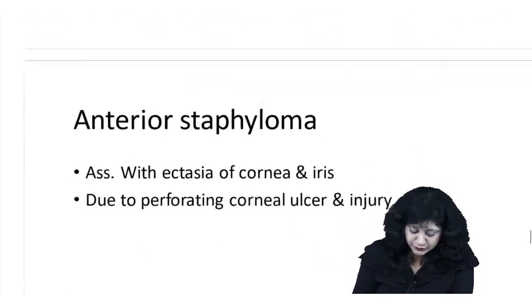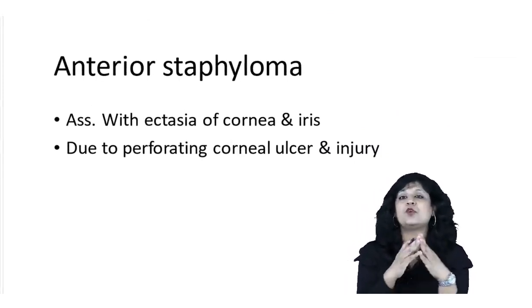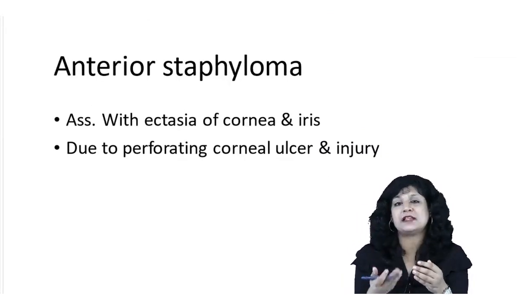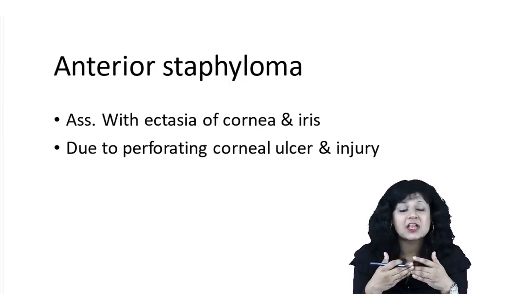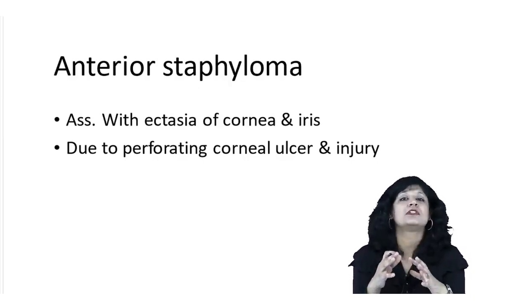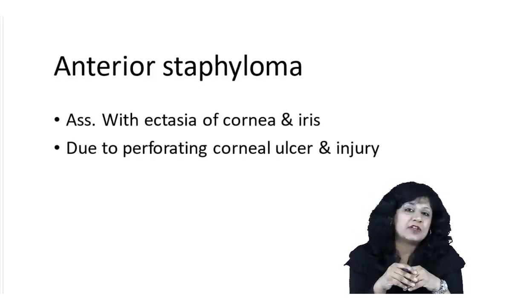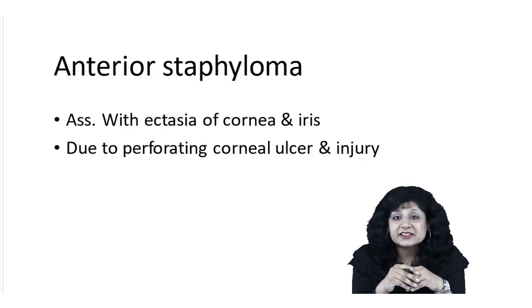Okay, so first see the anterior staphyloma. You already know what staphyloma means, that is your bunch of grapes appearance. If I have this staphyloma, this ectasia of the eyeball anterior to the equator, that will be called anterior staphyloma.